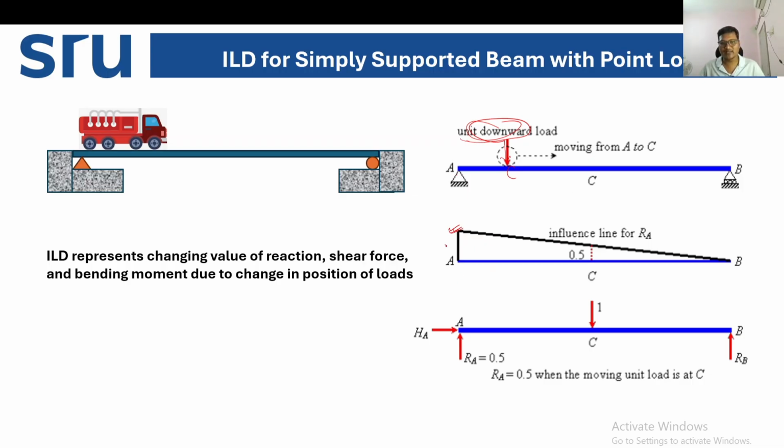This diagram is nothing but the influence line for reaction at A. When the unit load reaches point C, what will be the value of the reaction at A? We will also see that. Now just see how the influence line diagram looks.